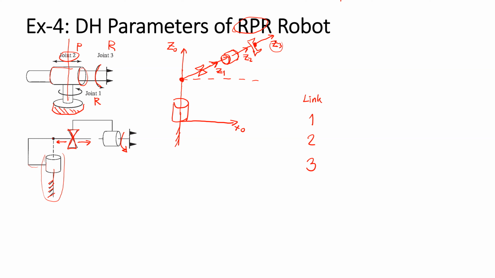Let's see frame by frame. We have Z0 in the axis of rotation of joint 1. We have Z1 in the axis of the prismatic joint. And we have Z2 in the axis of the revolute joint. And we have Z3 in the same direction as Z2, but the origin of frame 3 is at the endpoint position.